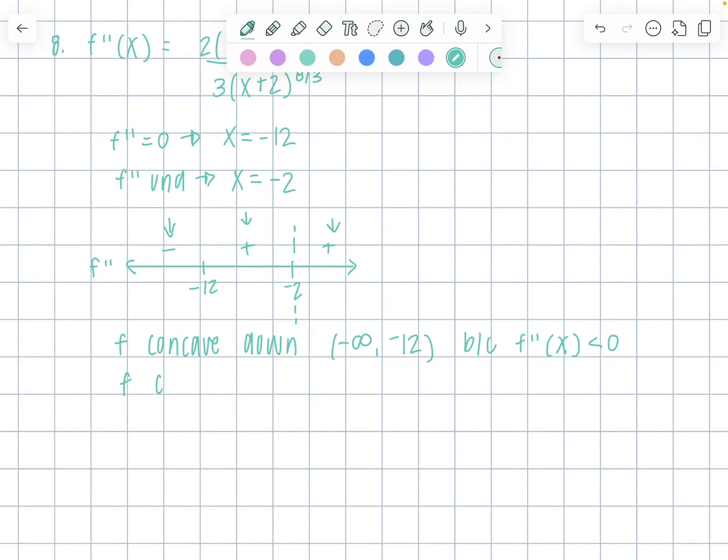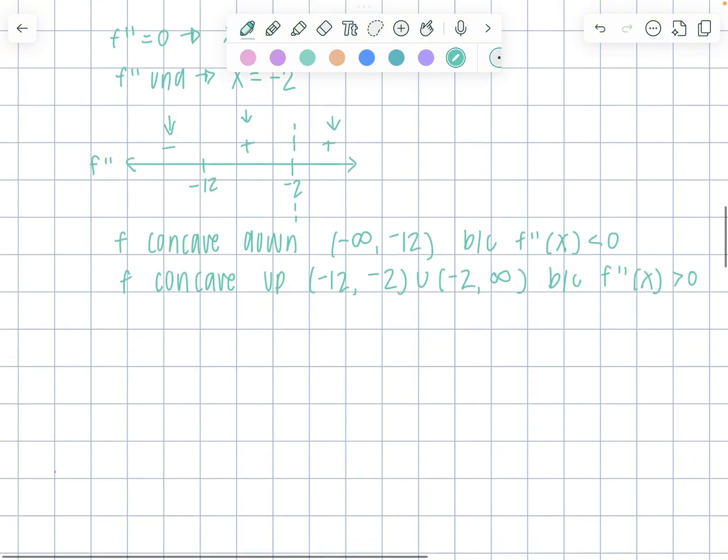We know that our function is concave up from negative 12 to negative 2 and negative 2 to positive infinity because our second derivative is greater than 0.